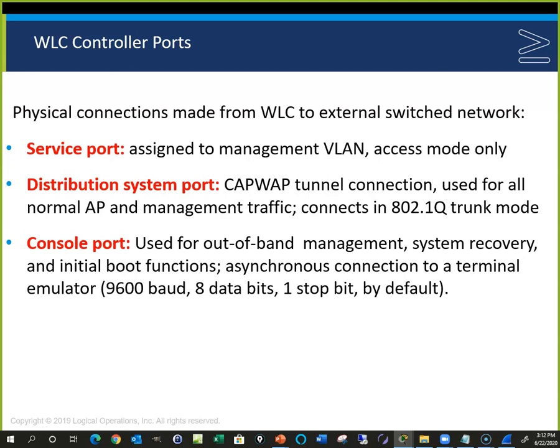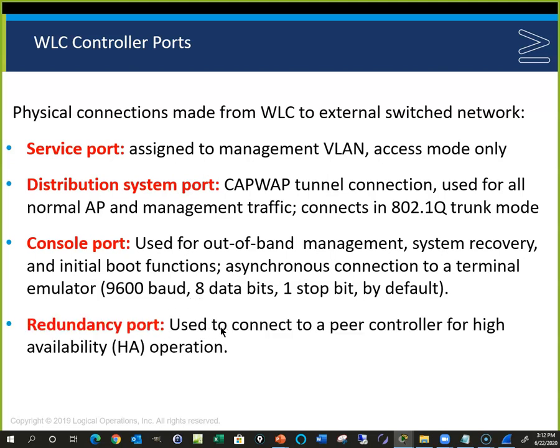Out-of-band means that we're using some other type of connectivity in order to do that. System recovery, initial boot functions, asynchronous connection to the terminal emulator to do these things. And then the redundancy port is used to connect to the peer controller.